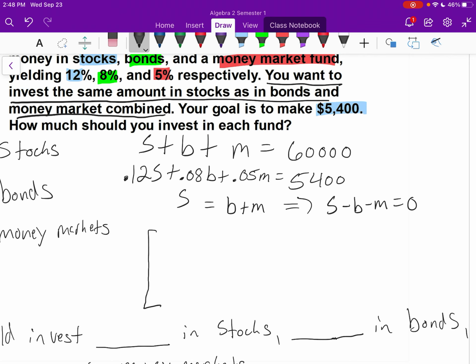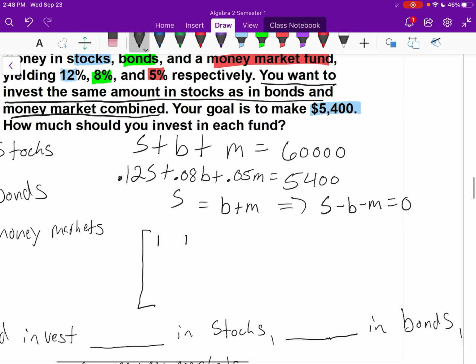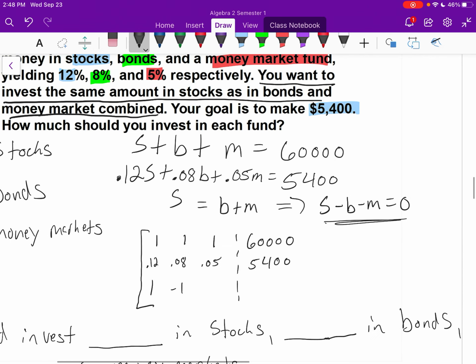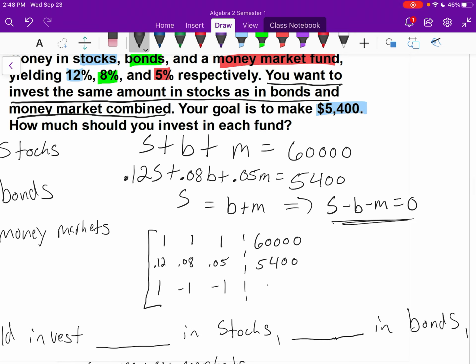So now that we have our system, we can go ahead and create our augmented matrix. Just taking those coefficients, 0.12, 0.08, 0.05, and we're making $5,400. And then using this now, 1, -1, -1, and 0.